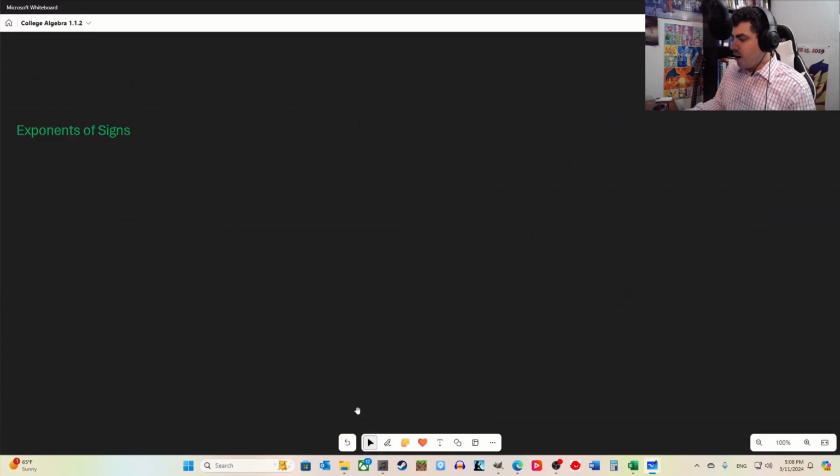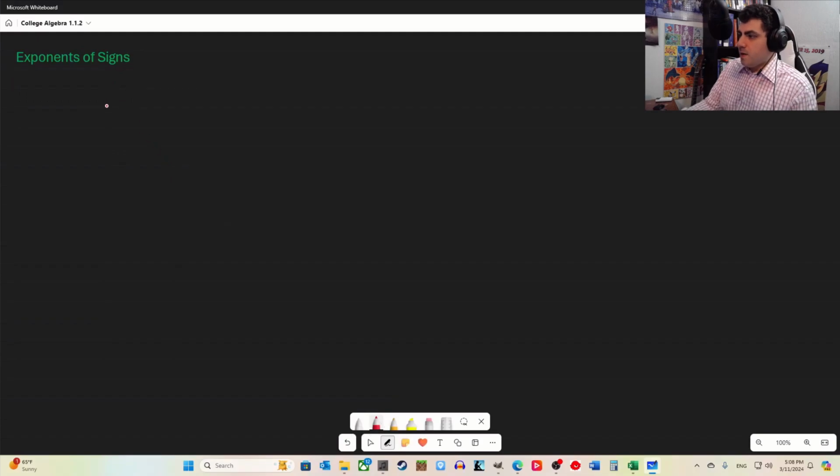What if our base had a sign? Since in the definition we used a, what if a equals -2? So when we have a to the n, say we need to find a squared. What is a? A is -2. So let's apply our -2 and then squared.